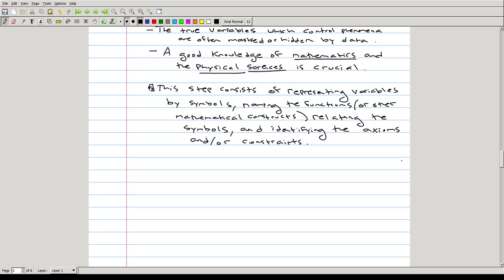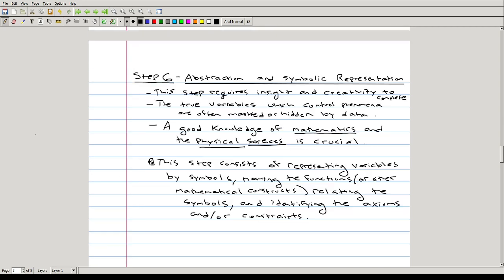And this step immediately jumps into the next step, step 7, which is to derive the equations that govern the phenomena being studied.